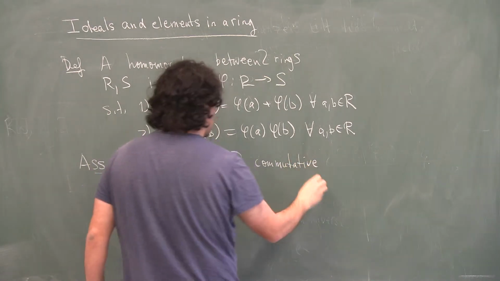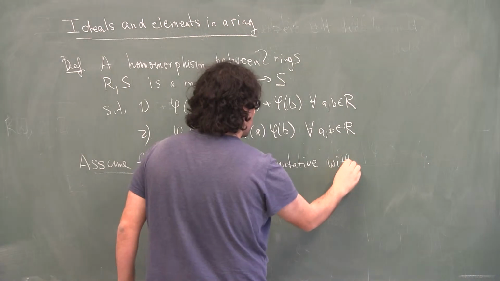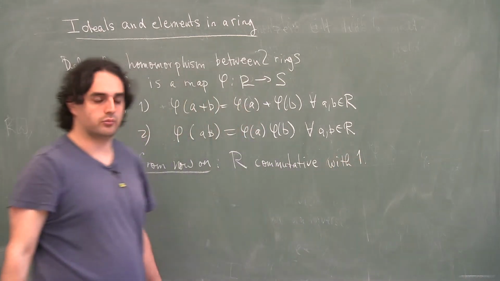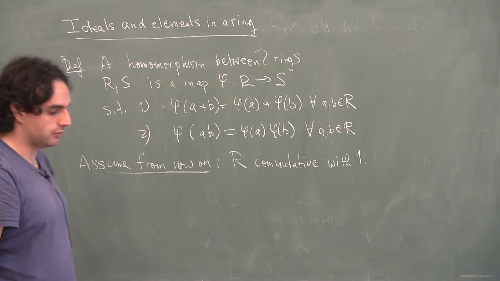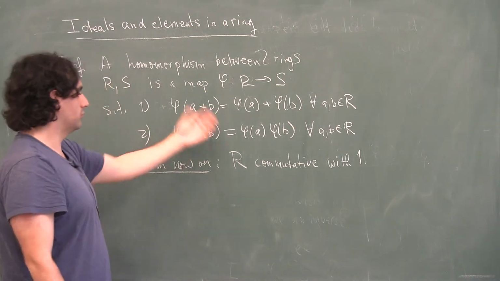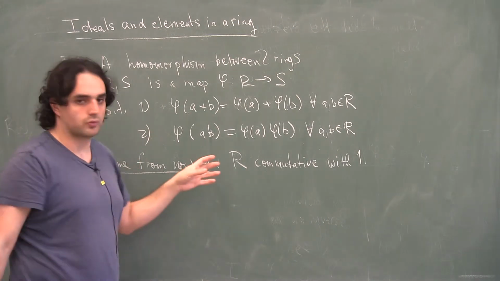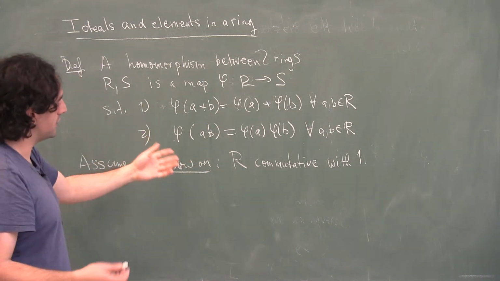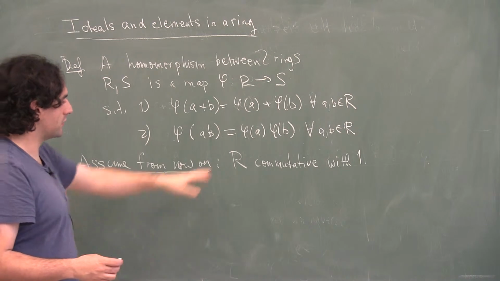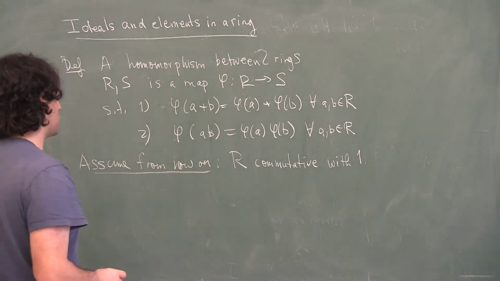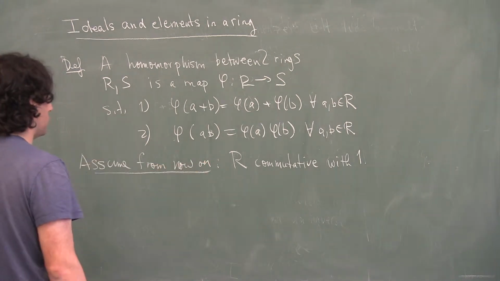And we already said that we are also assuming that it has a 1, but we continue to assume this. Okay? So really the study of non-commutative rings is something much more complicated that is interesting to consider in another course. So let's restrict attention to R commutative.